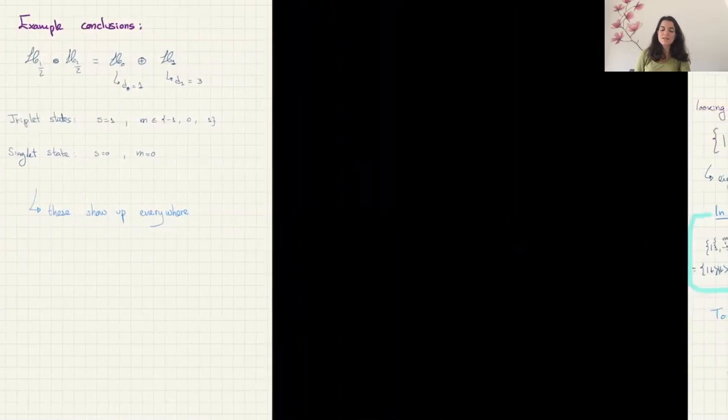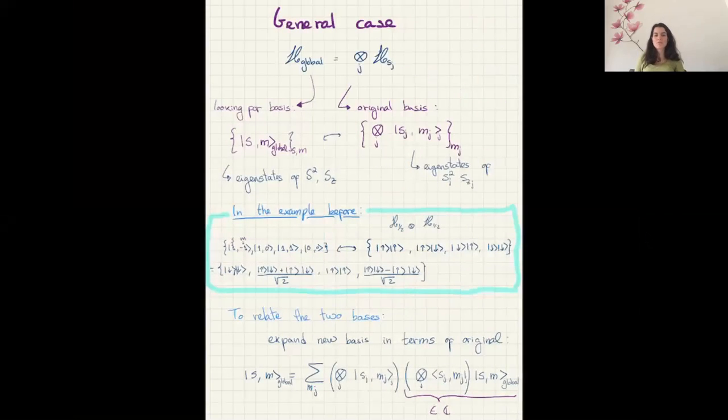Now, how do we generalize this to the general case where we can have multiple systems coming together? Okay. So the general problem is that we start from this basis, right? Which is just a product of the individual eigenstates of S square and Sz for each subsystem.